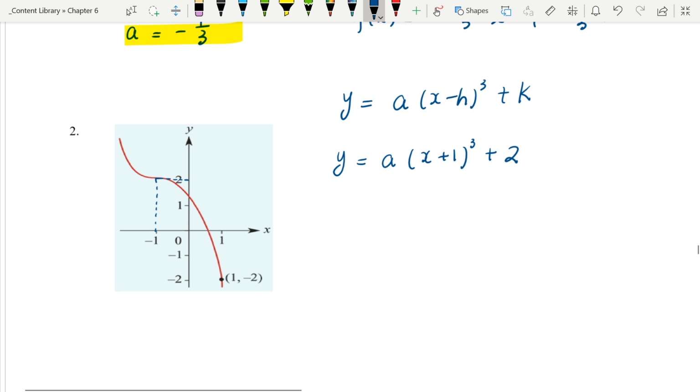Now I need to solve out the value of a. Is there any other point you can read from this graph? Yes, (1, negative 2).